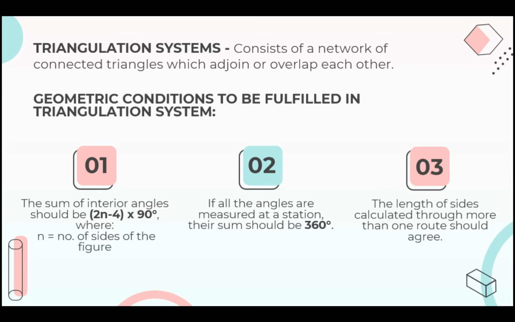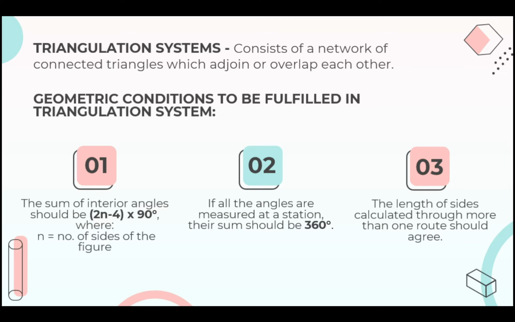So there are geometric conditions to be fulfilled in a triangulation system. These are the following. First, the sum of interior angles should be the quantity of 2n-4 times 90 degrees, where n refers to the number of sides of the figure.